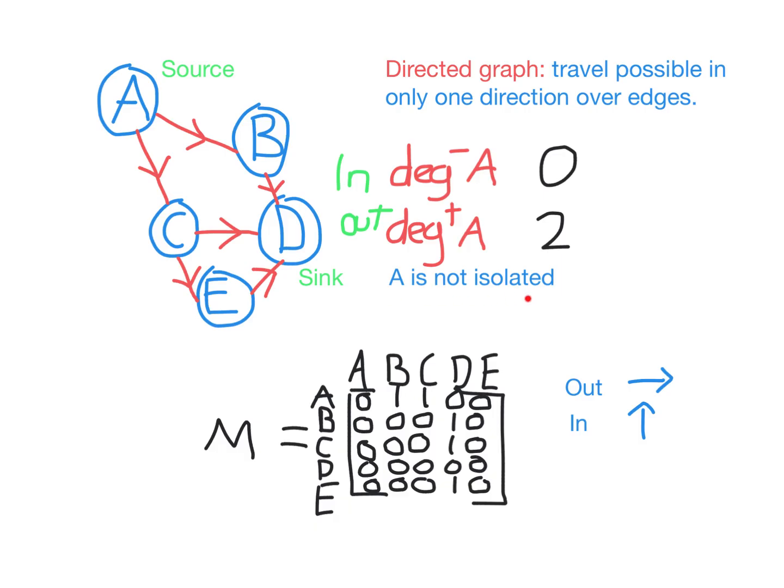Now, just a point here, A is not an isolated vertex, because even though it has an in degree of 0, it has a positive out degree. Isolated vertices are totally disconnected, as we saw in the previous example. Now let's look at Eulerian and Hamiltonian paths.